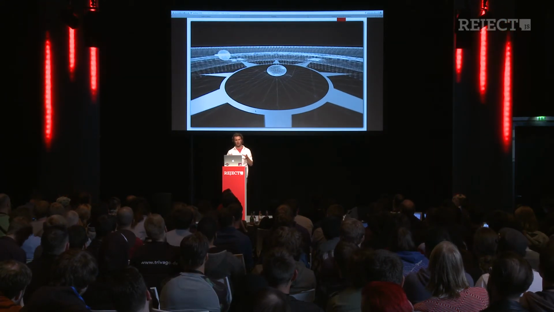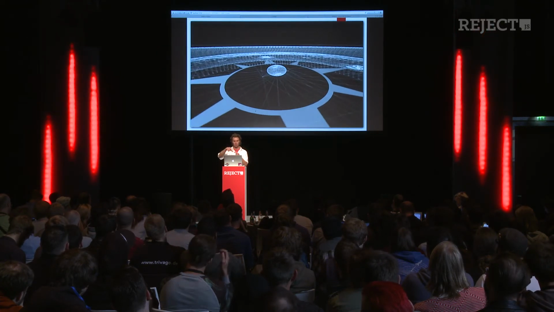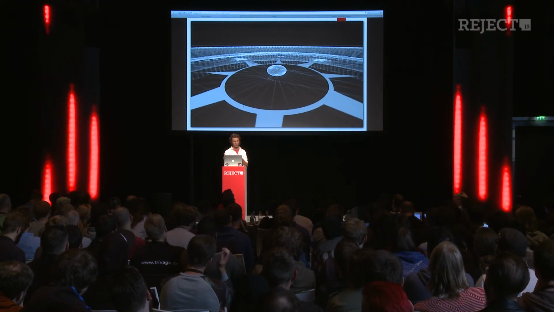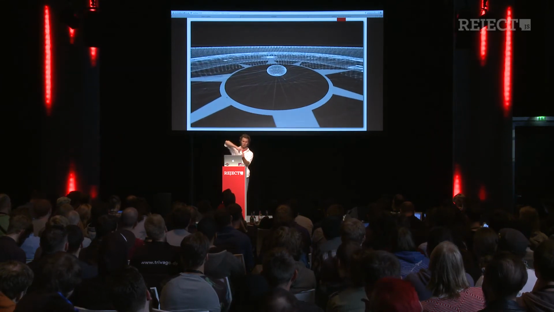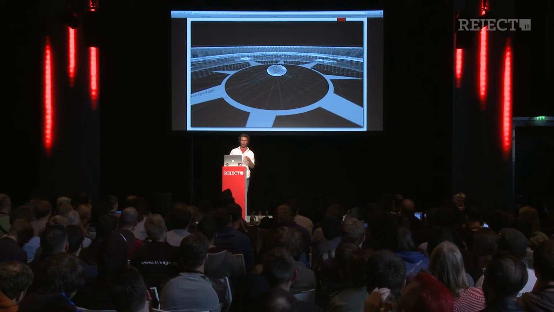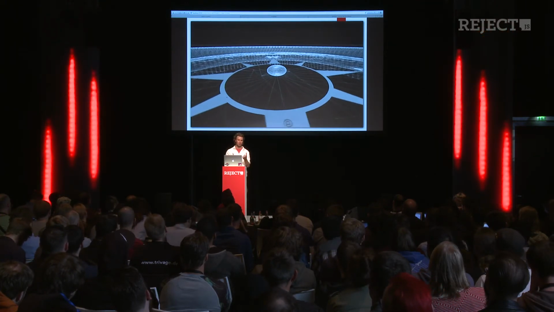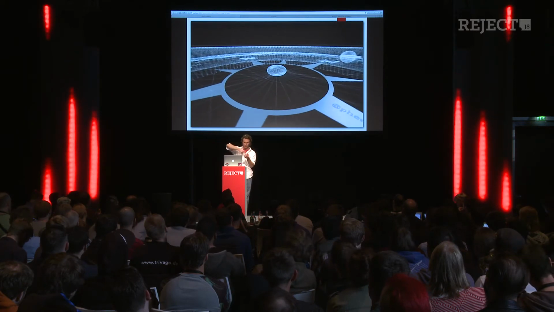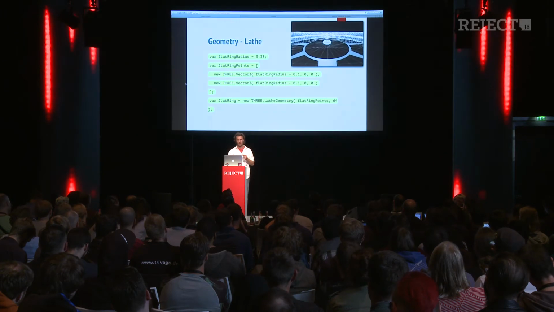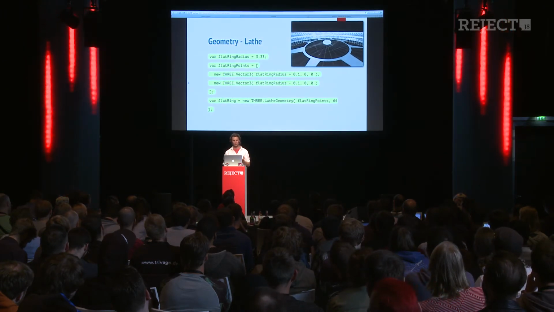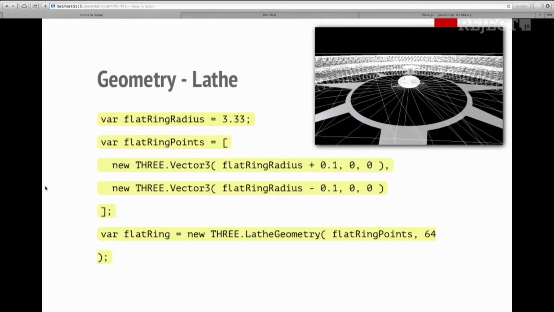The way this is defined is that you tell THREE.js that you would like to take 2 points that are separated from each other by some distance, as the thickness of this ring, and then you'd like to rotate those 2 points around a center to create a geometry in that way. So rather than defining the whole shape, you define the cross-section and then spin that around to give you a solid shape. Now, you can do this with more complicated cross-sections to give you something that's actually a 3D shape rather than a flat 2D shape.